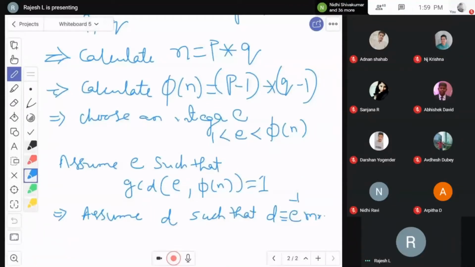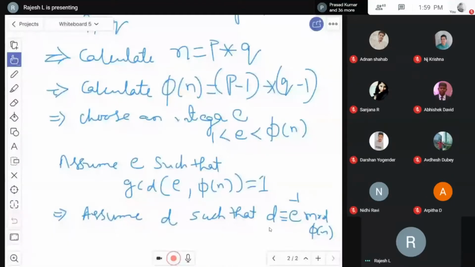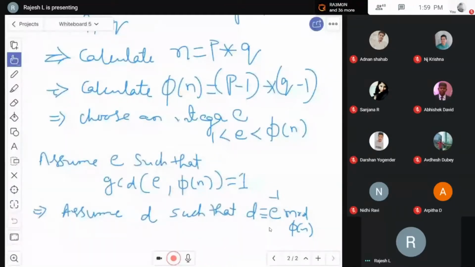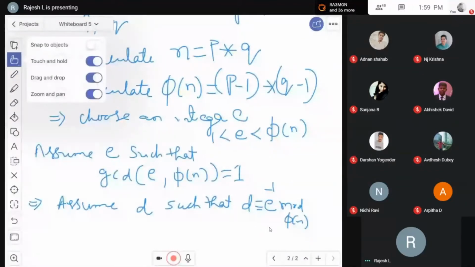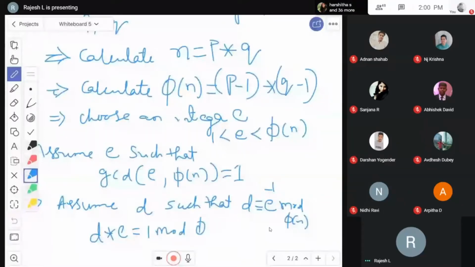D is congruent modulo phi of n, so we shift E to this side: D into E is equal to 1 mod phi of n. So by using this method, we'll find the decryption key.